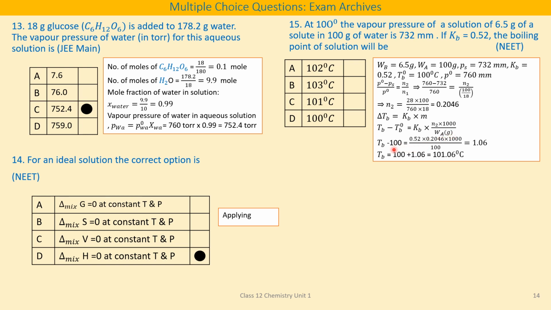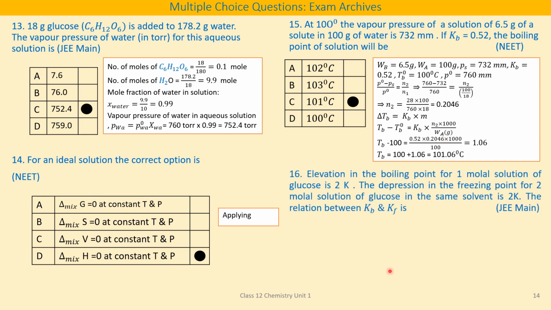That is equal to Tb minus 100, where 100 is the boiling point of water, equals 0.52 into 0.2046 into 1000 divided by 100, that is equal to 1.06. Therefore, Tb will be equal to 100 plus 1.06, that is equal to 101.06 centigrade. That is almost equal to 101 degrees centigrade given in option C.